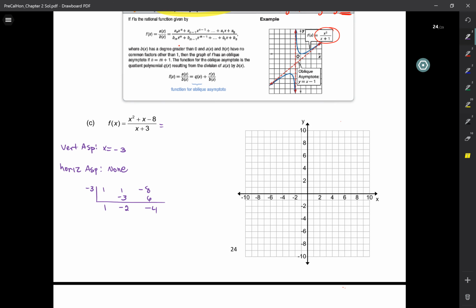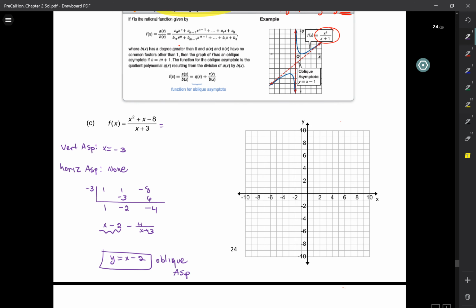Most of the time you will get a remainder. So when you divide, what do you get? You get x minus 2, and then the remainder, so it's -4 over x plus 3. This is your oblique asymptote. So y is equal to x minus 2 is your oblique asymptote.